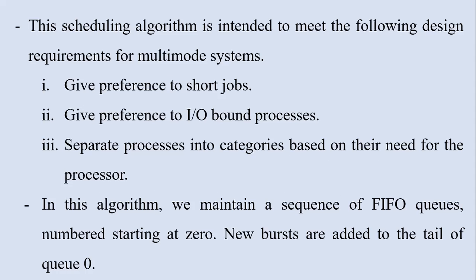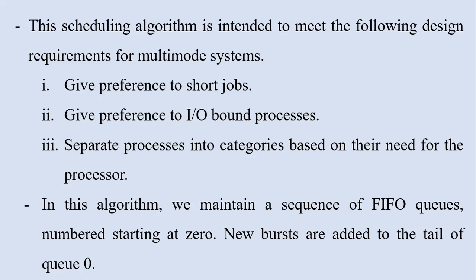And number 5, the method used to determine which queue a process will enter when that process needs service. This scheduling algorithm is intended to meet the following design requirements for multi-mode systems. Number 1, give preference to short jobs. Number 2, give preference to input-output bound processes. Number 3, separate the processes into categories based on their need for the processor. In this algorithm, we maintain a sequence of FIFO queues, numbered starting at 0.